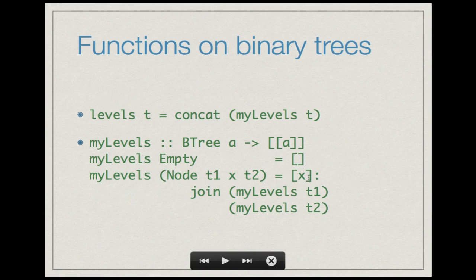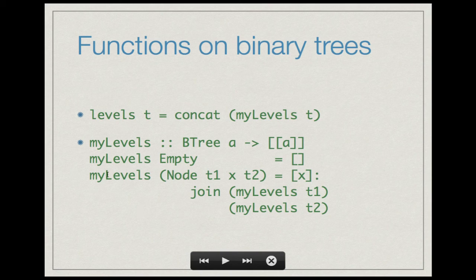So the list consisting of x should be the first list in this list of lists, and following that you have a bunch of lists that you get from myLevels t1 and a bunch of lists that you get from myLevels t2. You join the lists at the appropriate levels.